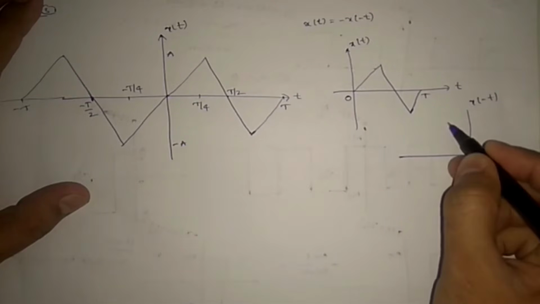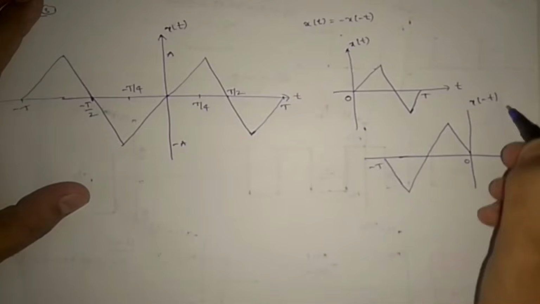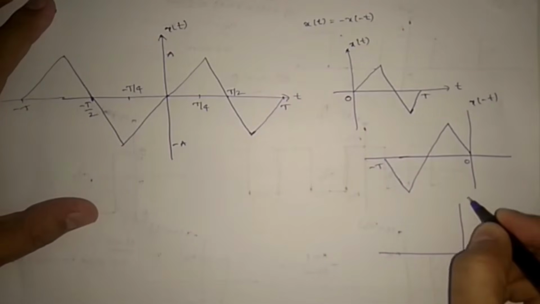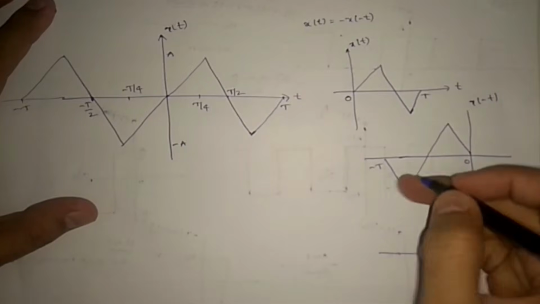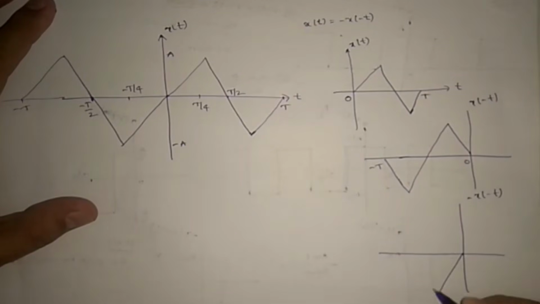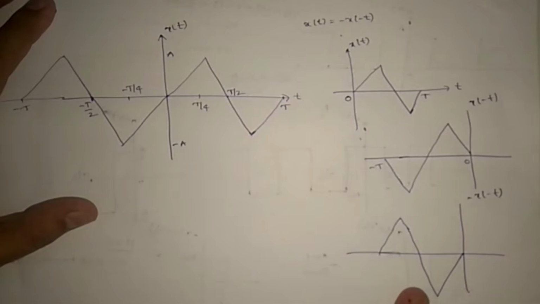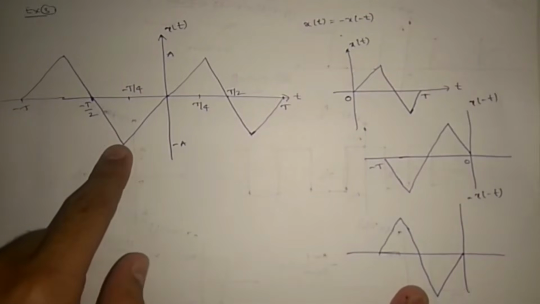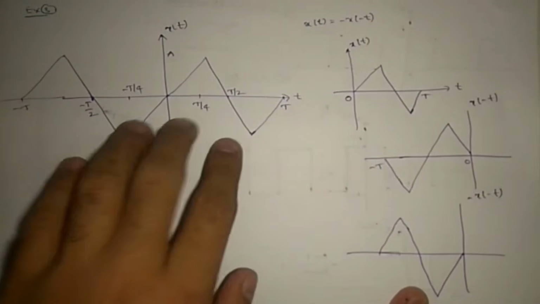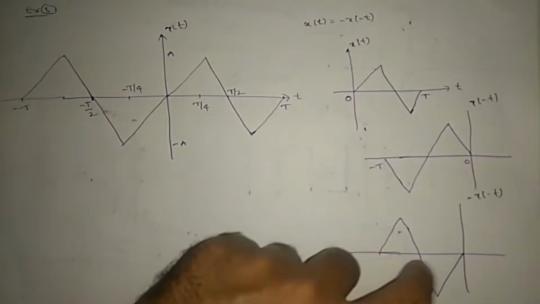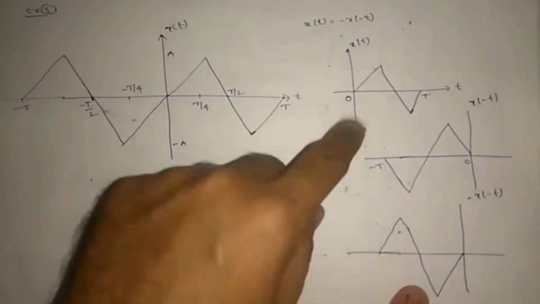If you perform time reversal, how will you get it? You will get it like this, right? 0 to minus T. So next, amplitude reversal, minus x of minus t. This peak will come down, this peak will go up, right? So now this period is the same, both are the same, right? Instead of making the complete periodic signal, I am taking one period to show you whether it is an even or odd signal. So it is an odd signal.